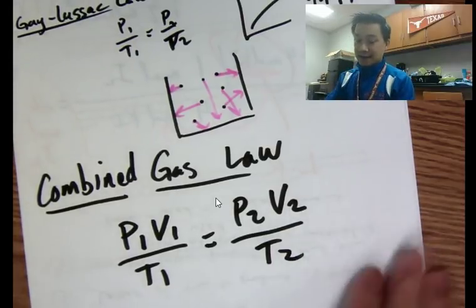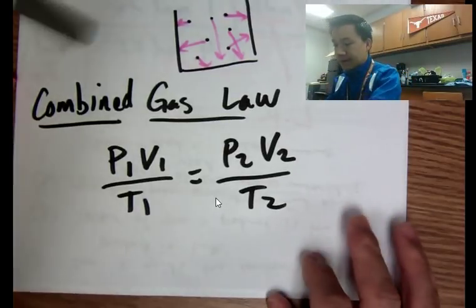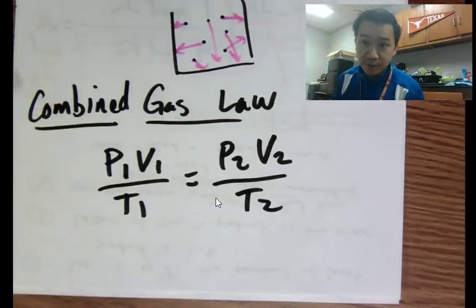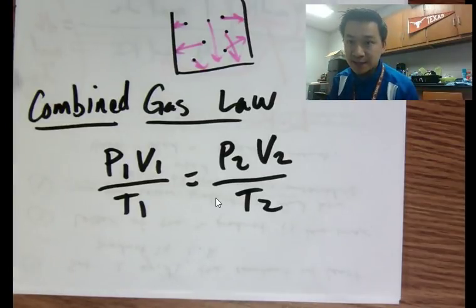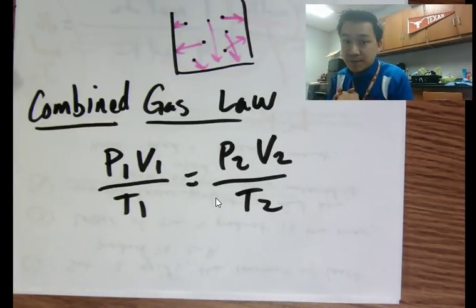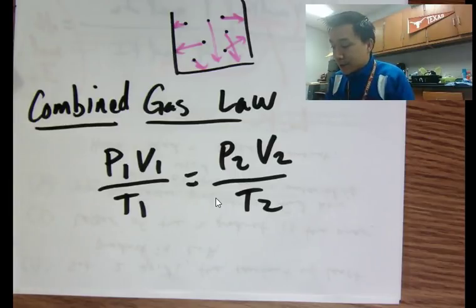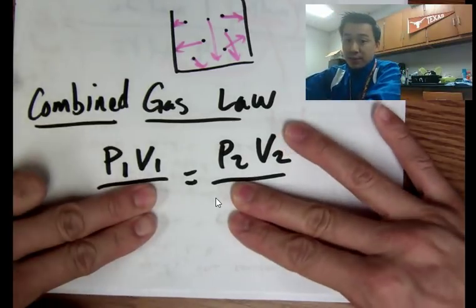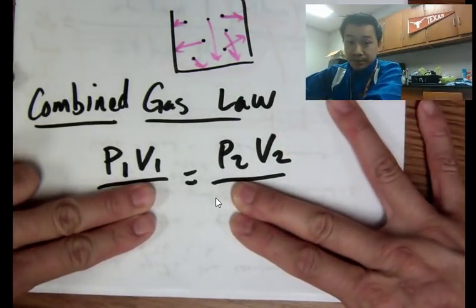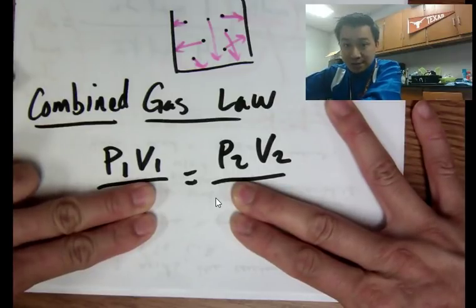This just means that now if you change one variable, the other two will change as well. That's what happens in reality. If temperature goes up, pressure and volume go up. If temperature stays the same, we have Boyle's law, then pressure goes up, volume goes down.